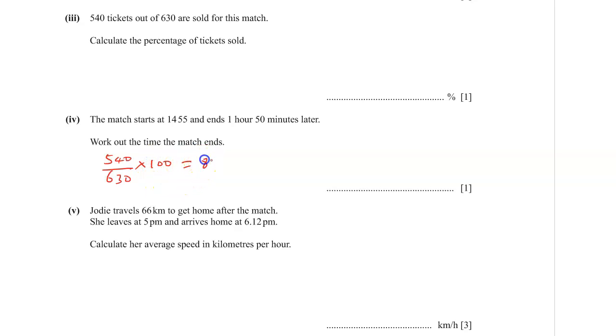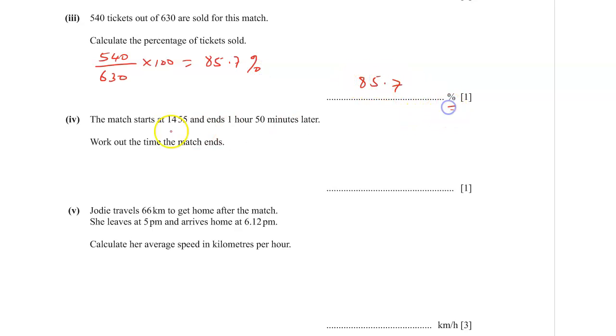What you get is 85.7%. Sorry, I'm writing in the wrong place. So it is 540 over 630 times 100, you get 85.7%.